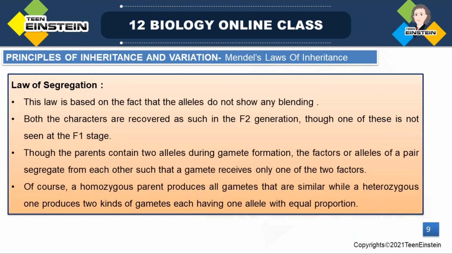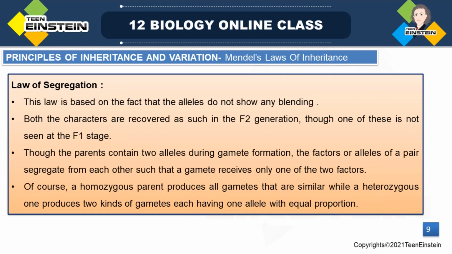Next is the law of segregation. What does this law of segregation say? It is based on the fact that alleles do not show any blending. We have already explained that in F2, it will be either a tall plant or a dwarf plant. There won't be any blending, because in the F2 generation either the tall character or the dwarf character will be expressed.